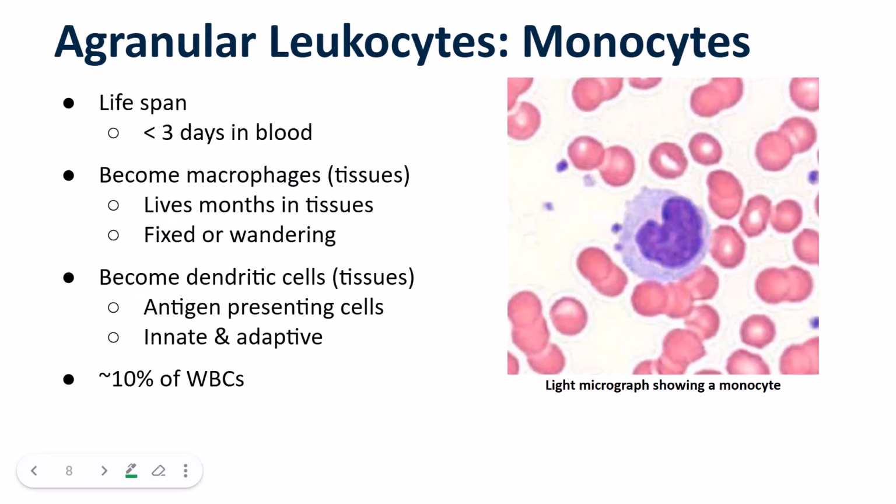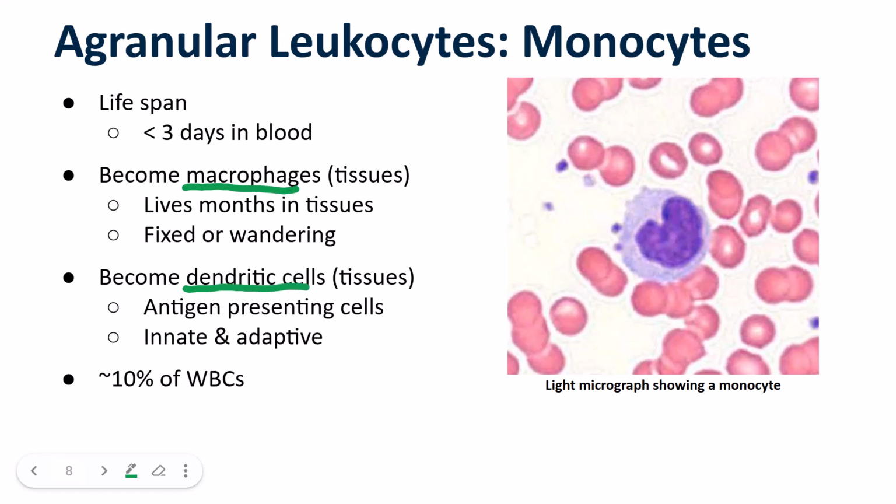Now let's take a look at some of the agranular leukocytes, so monocytes. Monocytes have a very short lifespan. They exist for about 3 days in the blood, and then as they emigrate into tissues, they go through a process of maturation, some of them becoming macrophages and some of them becoming dendritic cells.